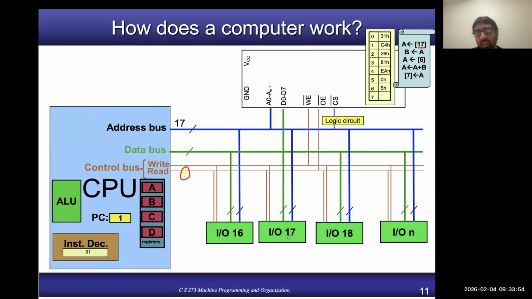Now, who is connected to address 17? This IO device, so it will provide the data. Let's say the data it provides is 9. That data is placed on the data bus, and then what does this instruction say? Put it in A. So this will be moved into register A.